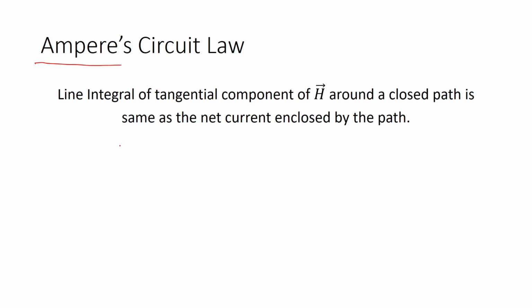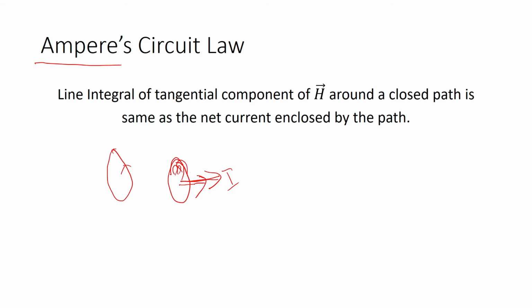That is, if you take a circle like this, now you have to follow your right hand rule, and you should curl your fingers in this direction. So if you curl your fingers in this direction, the thumb would be pointing in this direction, right? So the circulation of the magnetic field intensity along this path would be the same as the current flowing in this path.